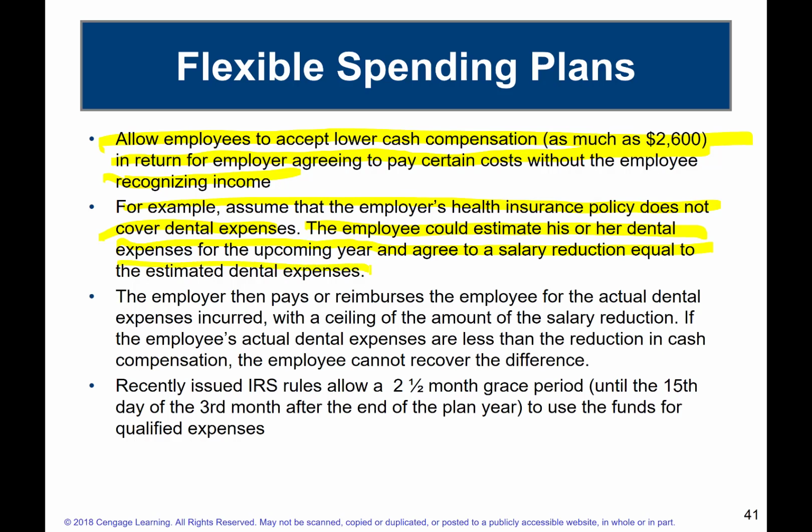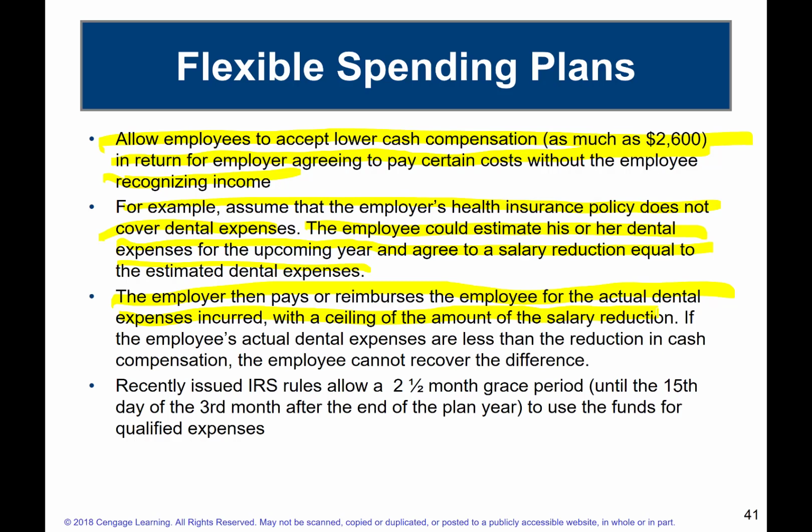So I guess, if you're sitting around there in December going, oh, toothache, don't go yet, let's wait until next year and we'll get that taken care of, because we're going to estimate our dental expenses are going to be pretty high next year. I guess you could do something like that, right? And so what happens? The employer then pays or reimburses the employee for the actual dental expenses incurred within the ceiling amount of the $2,600 salary reduction.